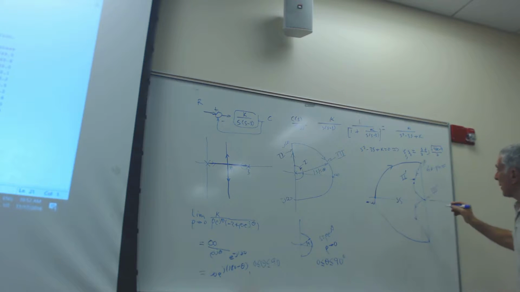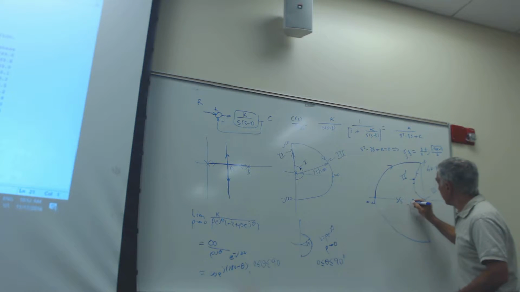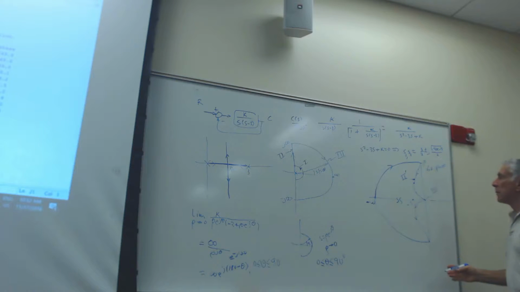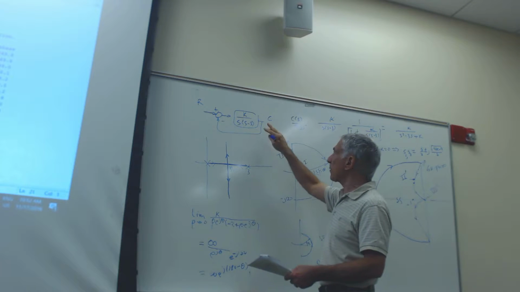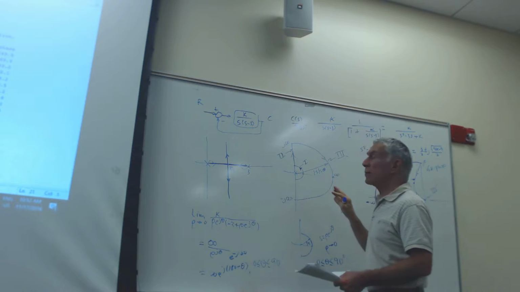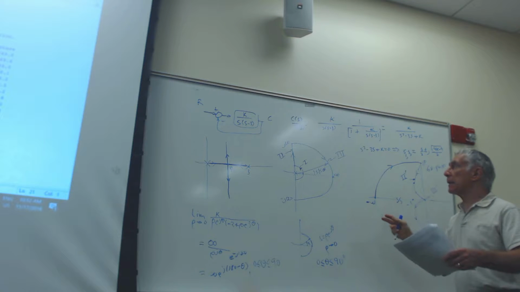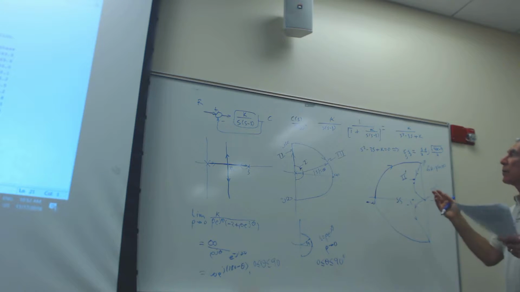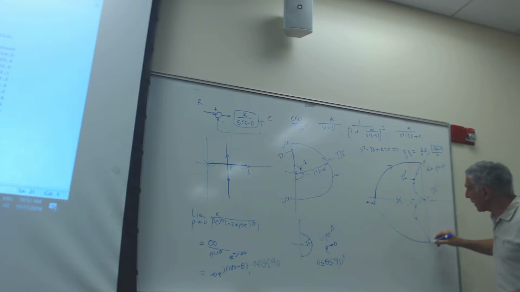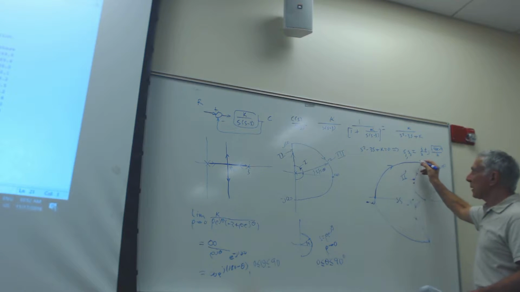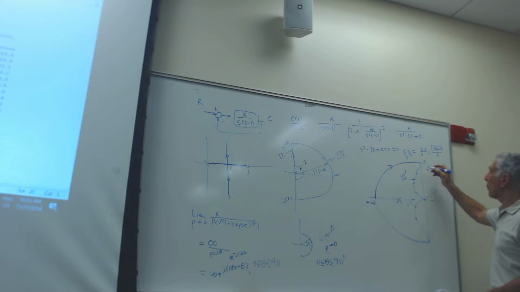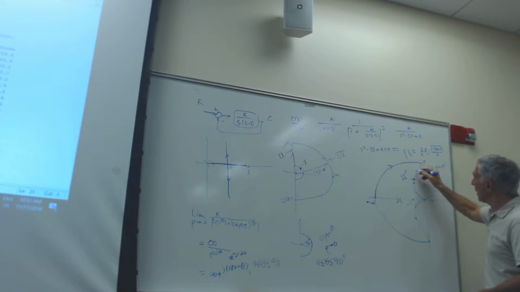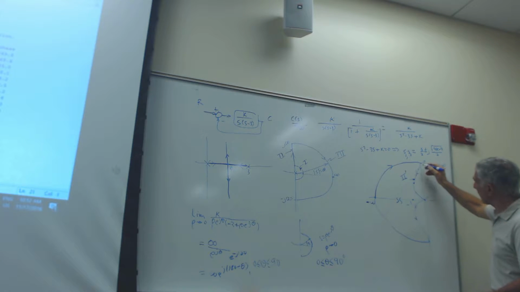Now the point minus 1 is inside there. Notice that what I have done is find the Nyquist diagram for any k greater than 0. If you start with k equal to 1, you're still going to get this infinite radius contour here. The shape might be a little bit different.